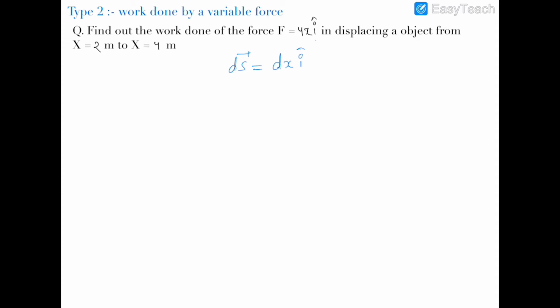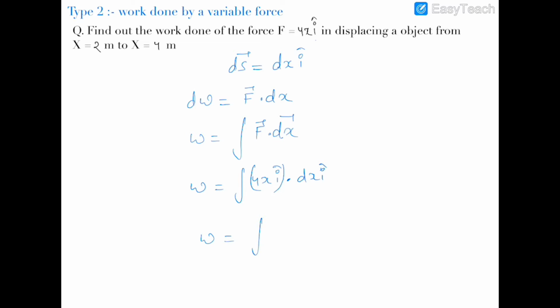So the work done dW would be equal to F dot dx, and the total work done will be equal to integration F dot dx. Now substituting the values of F and dx, this is 4x i cap dot dx i cap. Now i dot i is 1, so work done will be integration 4x dx.